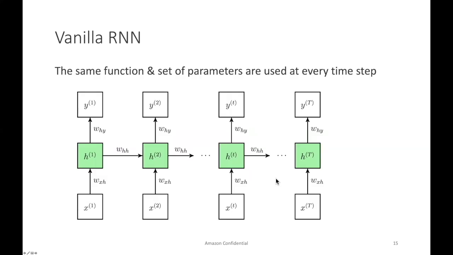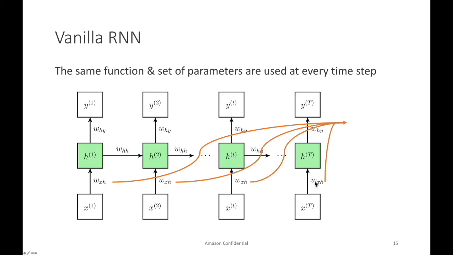All right. So let's look at what the parameter sharing in RNNs is. You can notice that there are three matrices, right? WHY, WHH, and WXH. All these three matrices have specific roles. Now, are these different from these? Not really. All these weight matrices are actually the same.